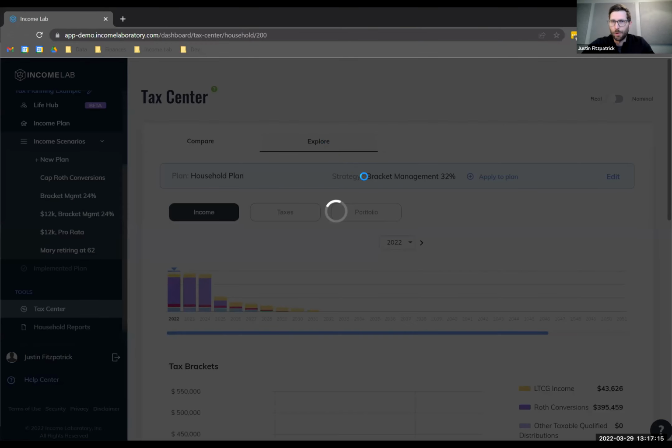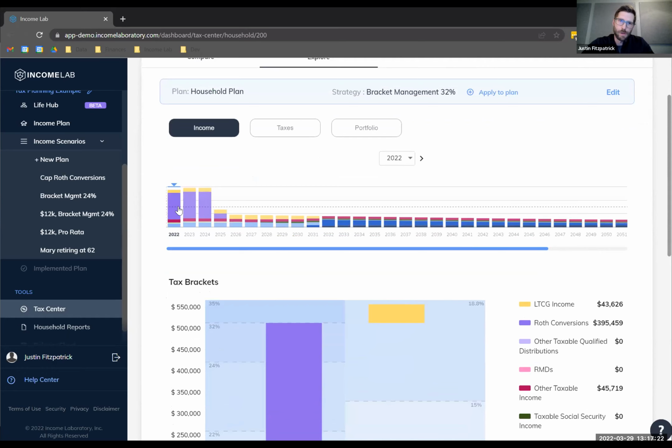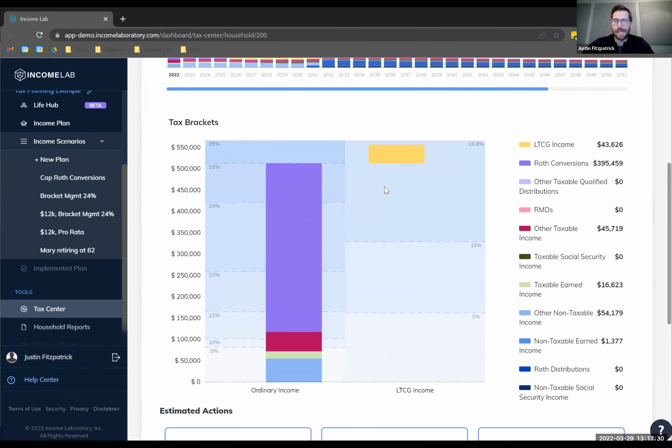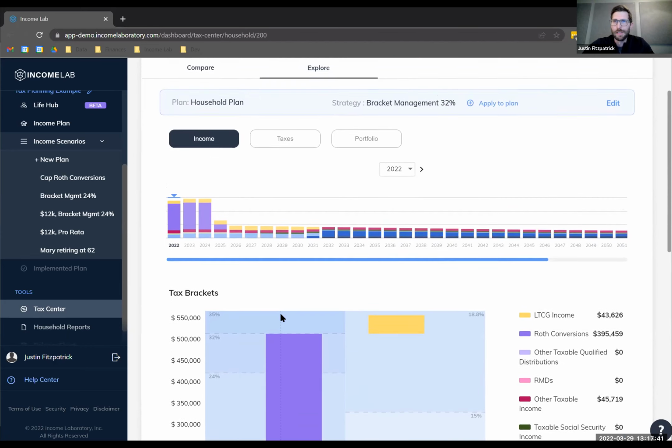And by default, it's going to pull in whatever you had in strategy 1 in the compare section. And now you have a year picker showing each year projected amounts of income categorized by its type. So, we have ordinary and long-term cap gains income. You can see here extremely aggressive Roth conversions all the way up to the 32% bracket.